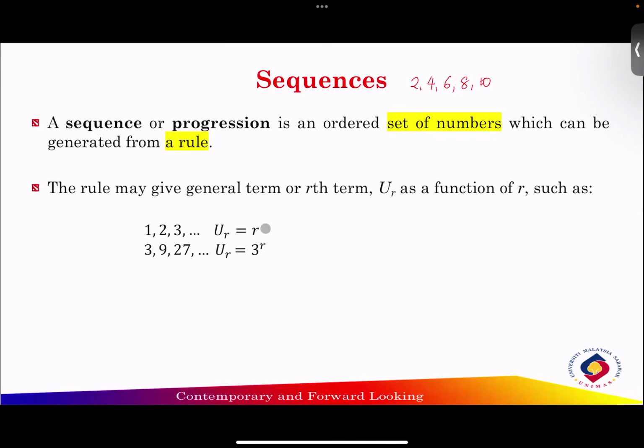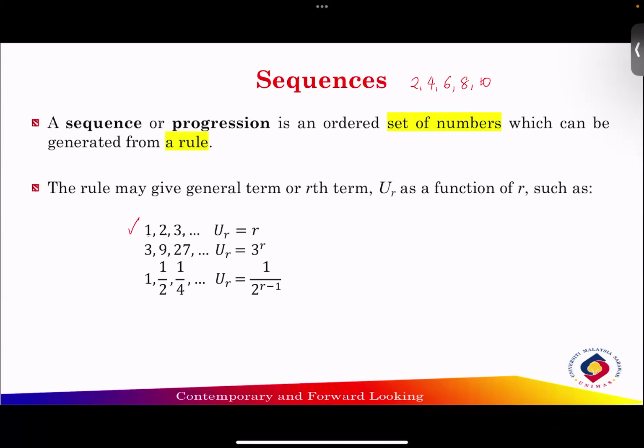Let's see, 3, 9, 27, and then this one, you can see from here. This is the formula. And then 1, 1 over 2, 1 over 4. So we're looking at them one by one. Let's say 1, 2, 3.